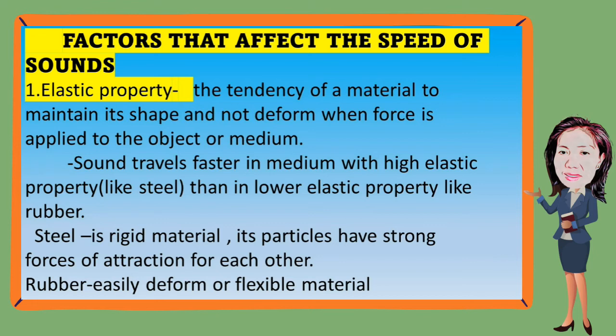Kaysa maghintay sila sa sound from the air. So, sound really travels faster in solid than in gas. Okay? So, gas kasi are low elastic property compared to ground. So, mas madaling marinig ng mga warrior.